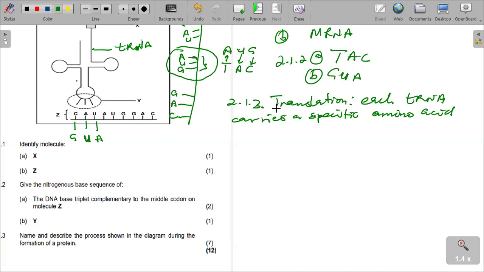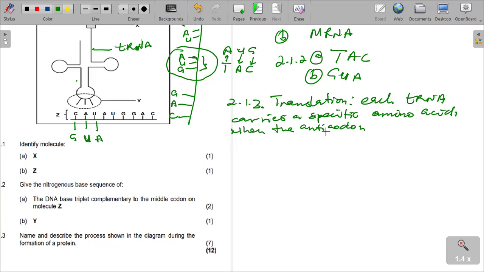That is the tRNA that I was showing there. When the anticodon on the tRNA carries a specific amino acid, we are describing the process. Remember, we said the anticodons are the 3 nucleotide bases that are found on tRNA. Each tRNA carries a specific amino acid.